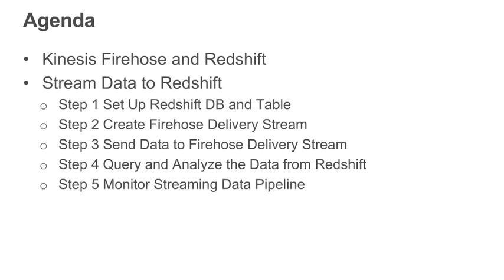The sample data I'm using is the Maryland's traffic violation data, and the data set is publicly accessible so that after this session, you can try it out yourself and probably do more interesting visualization on the Redshift query.